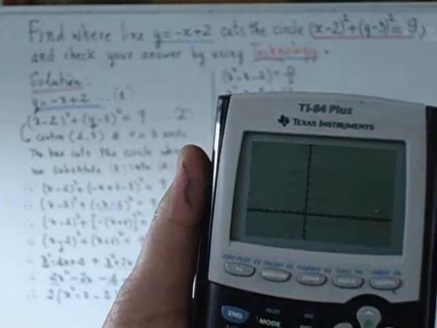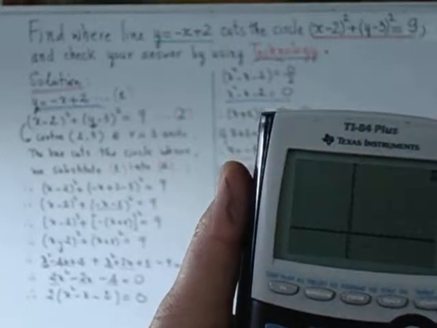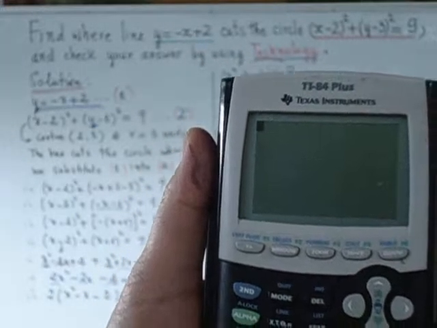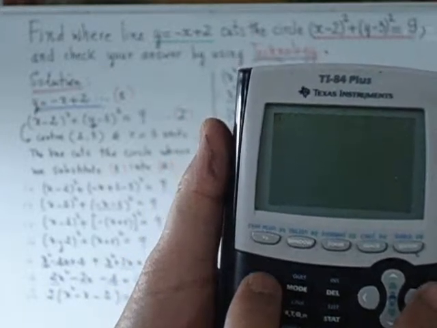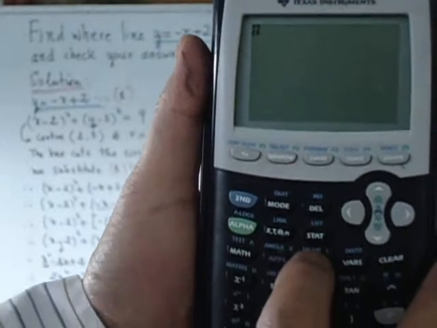Press 5. Once again, we press second, quit. Now, in order to draw the circle, we press second, draw right here.